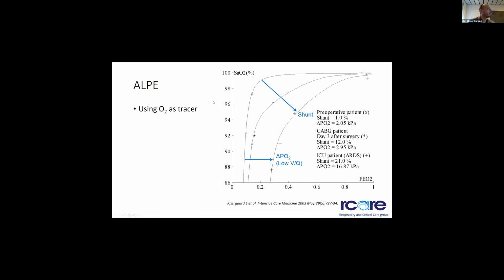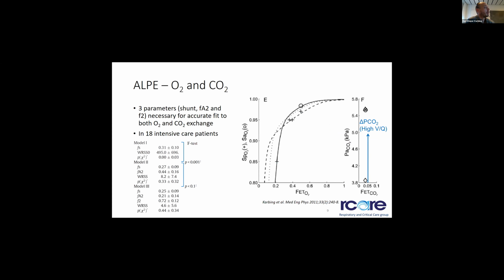We know that shunt vertically depresses the curve, whereas low VQ mismatch horizontally displaces the curve. And it is this different response to oxygen as tracer that allows us to identify model parameters. In recent years, we have modified the model to also describe gas exchange of carbon dioxide.